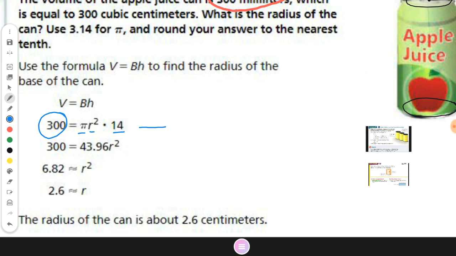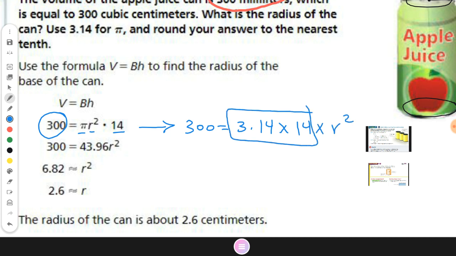So this part I need to explain well. 300 equals 3.14 multiply 14 multiply r squared. If you multiply these two numbers together, you will find it equals 43.96 r squared. Send this number to the other side by dividing.